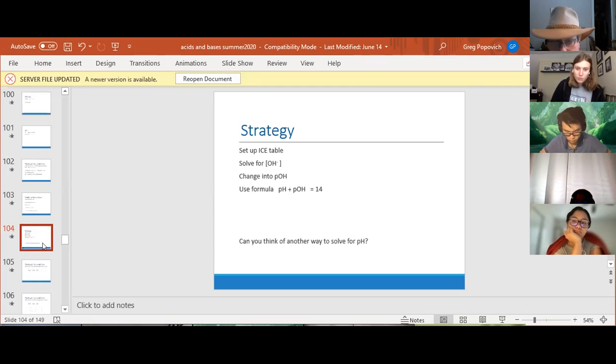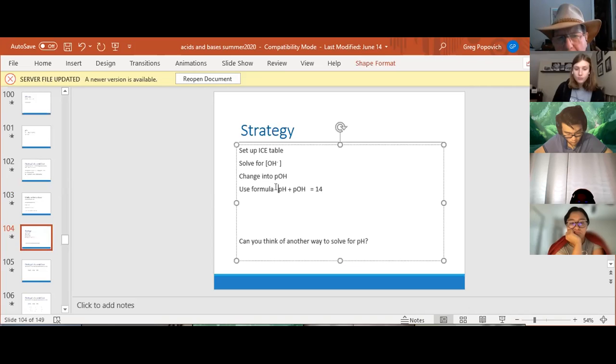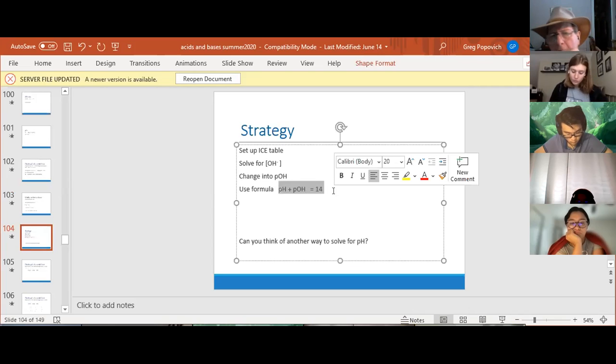Questions, guys? Anybody? Can anybody think of another way I can solve for pH? An ICE table or no. Instead of solving for pH with that equation, is there another way I can solve for pH?